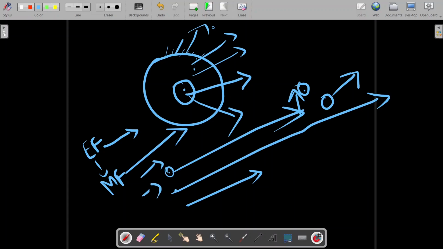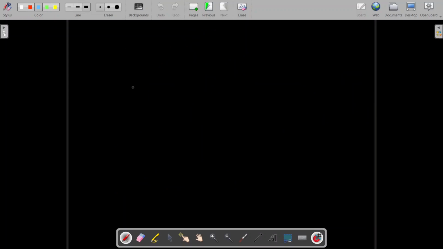Due to this we get different waves. If this is the sun, I'm just drawing a single wave, not a colliding wave, for your better understanding. I'm just taking a single wave from this point. It travels at around the speed of light.